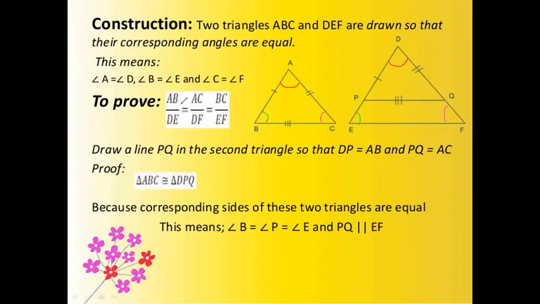Okay, so if we want to prove, we have here side AB over side DE, equals side AC over side DF, and we have also side BC, which corresponds to side EF.